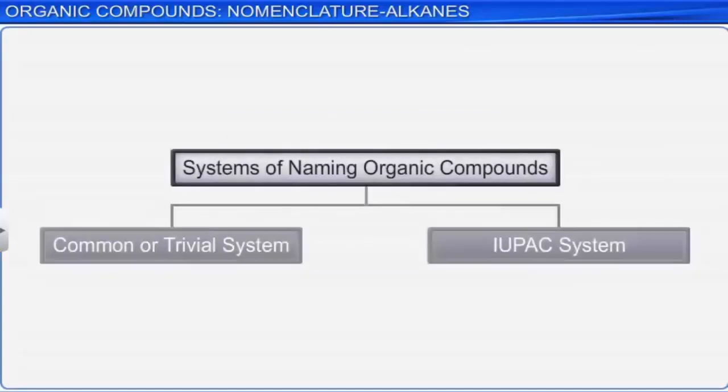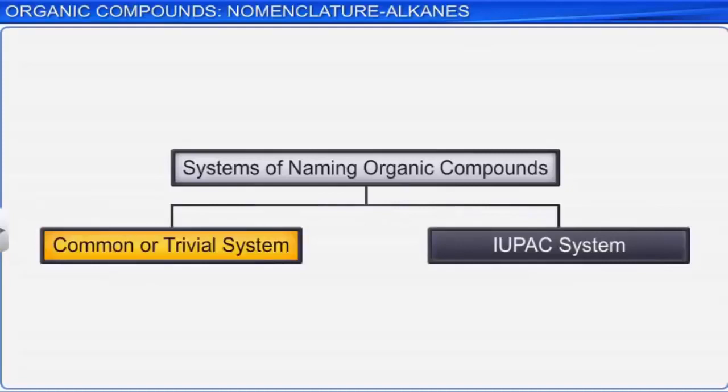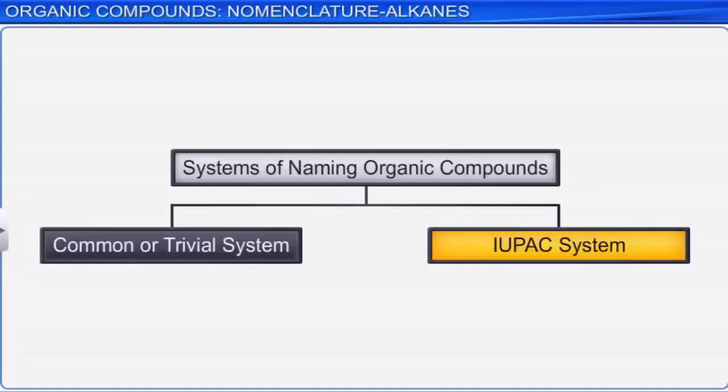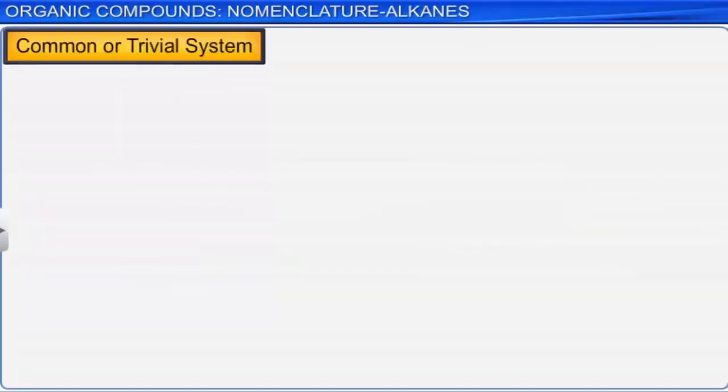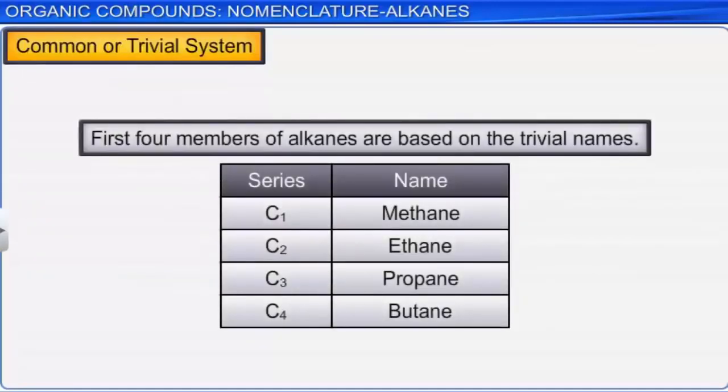We know that there are two systems for naming organic compounds, the common or trivial system and the IUPAC system. The names of the first four members of alkanes are based on the trivial names.